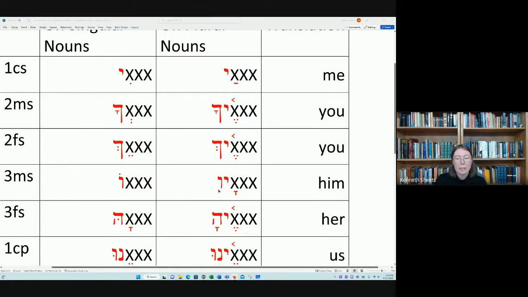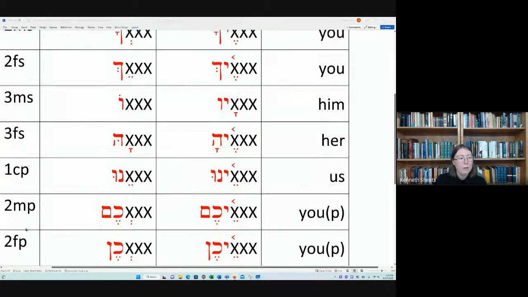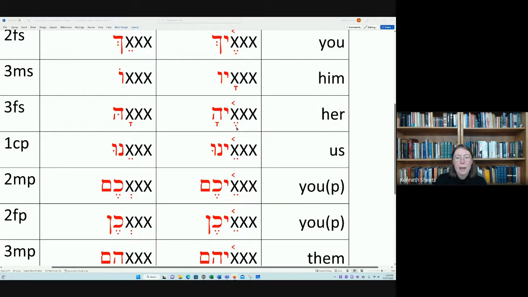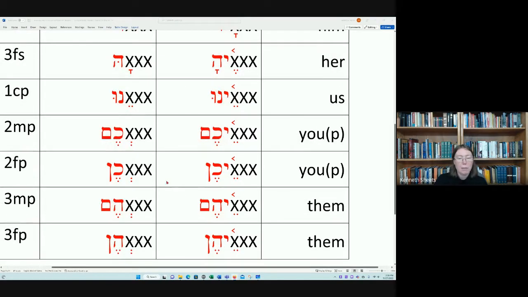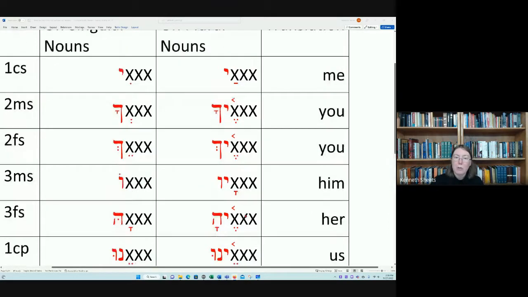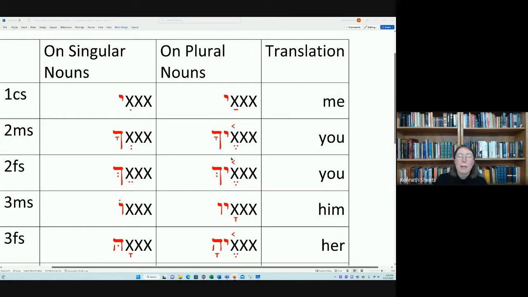Third masculine singular, av. Third feminine singular, eha. First common plural, anu. Second masculine plural, akem. Second feminine plural, aken. Third masculine plural, ahem. And third feminine plural, ahen. So those are also the forms as well.